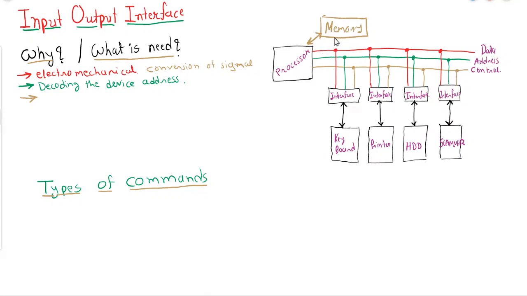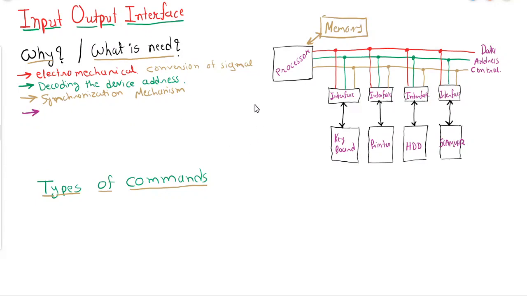The clock speed of the CPU is very high, while the clock speed of the IO device is very low. Because of that there will be a synchronization problem. So to avoid that problem, or to implement a synchronization mechanism, the interface will be used. Okay, next topic.